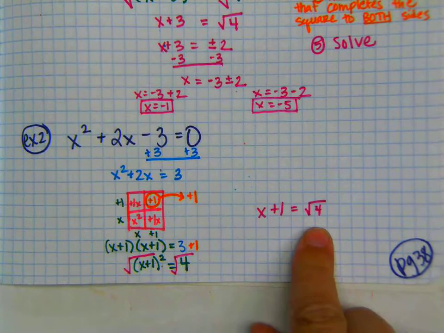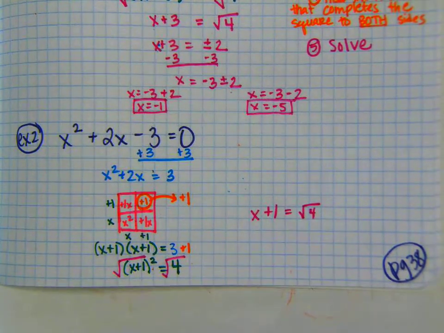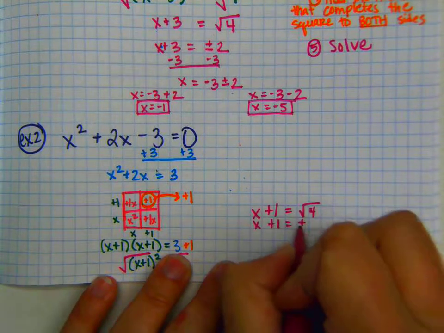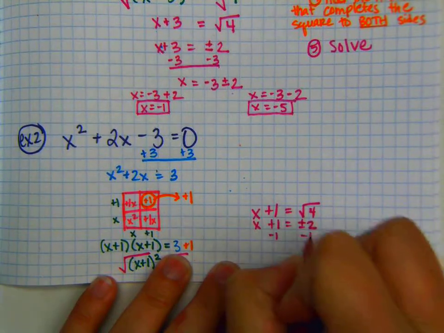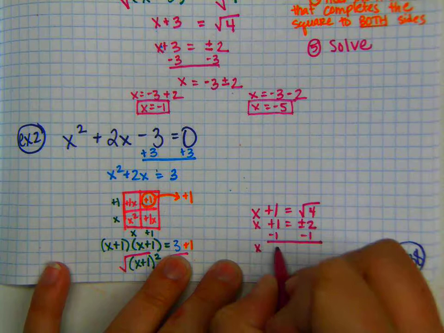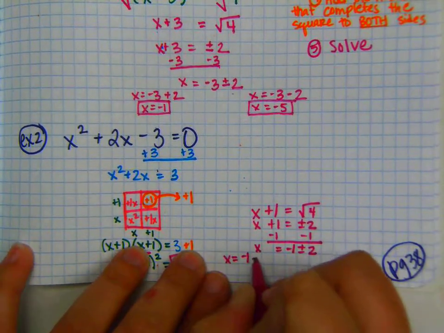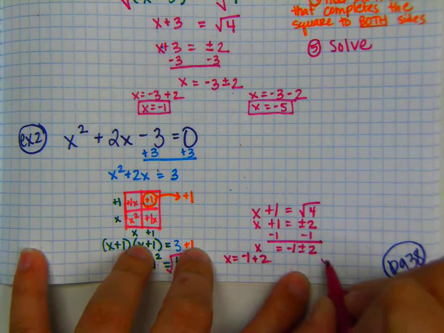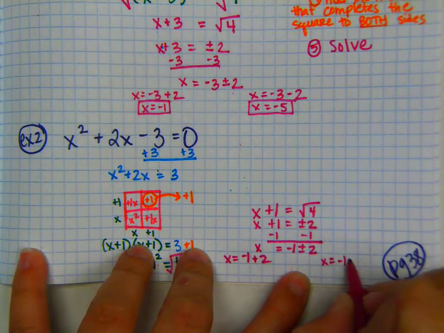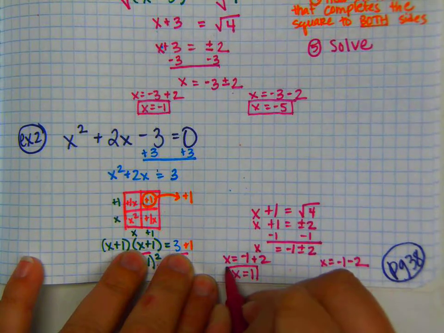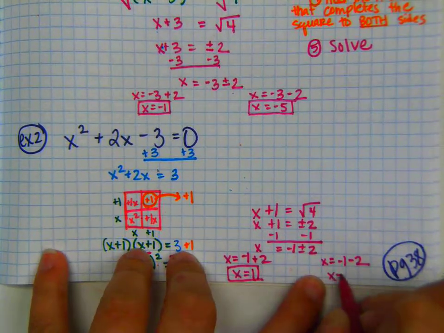It just happens to be the square root of 4 again. That's not always going to be the case. So that's x plus 1 equals plus or minus 2. Subtract 1. X equals negative 1 plus or minus 2. So we have x equals negative 1 plus 2, x equals negative 1 minus 2, which means x equals 1, and x equals negative 3.